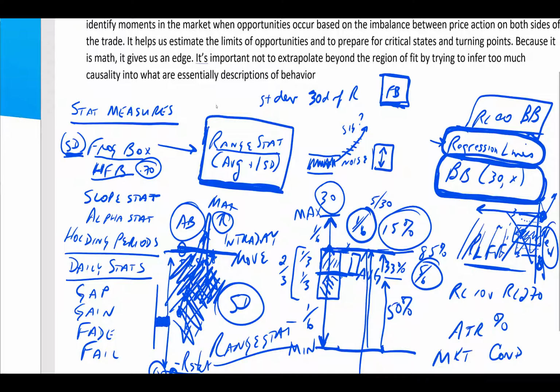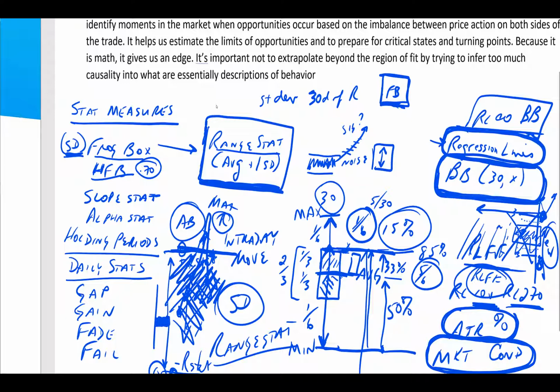We use statistics in computing the regression line fractal frameworks, which allow us to compare the 10-period regression line price versus the RL270 to get a different view of short-term and long-term price holders. We use descriptive statistics when we're analyzing the ATR percentage of recent price action when computing market conditions. So it gives us an idea of how to make an adaptive statement about the description of the volatility of the market.